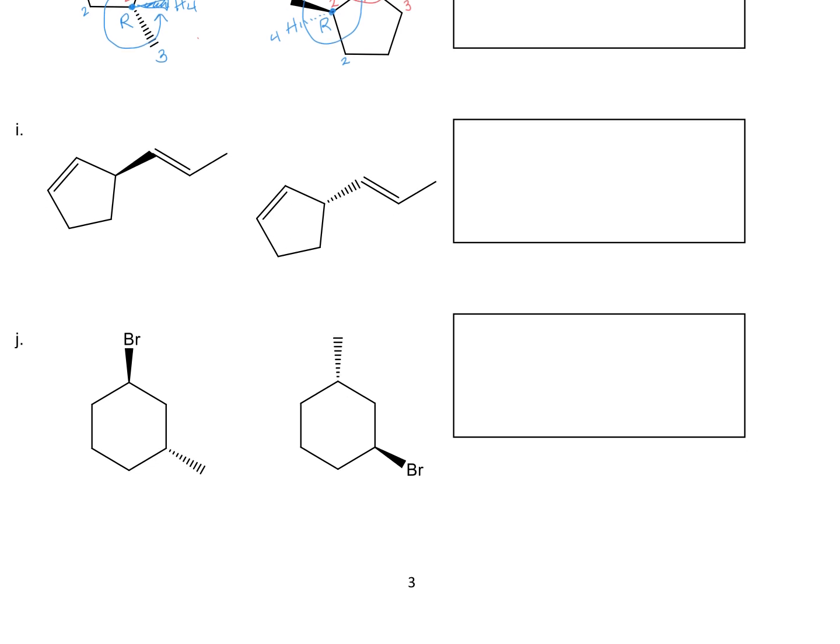Letter I. This one's not as obvious. I guess the way you might think about it is your entire ring here is exactly set up the way that this one is over here. So the main difference is in these groups. This group is up and this group is down, which means that the hydrogen here is down and the hydrogen here is up.